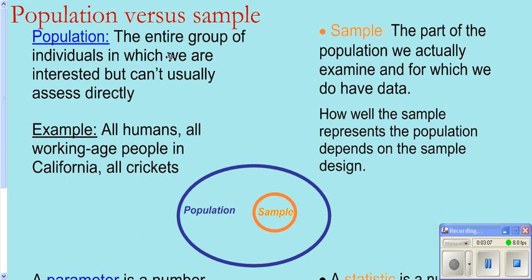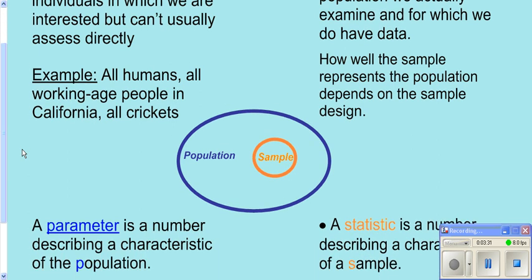Now, once again, your population is everybody that you're looking at, where your sample is a small group of that overall population. You might be considering all humans or all crickets or all working age people in California, where a sample would only be looking at maybe 20 to 40 of those people or crickets.